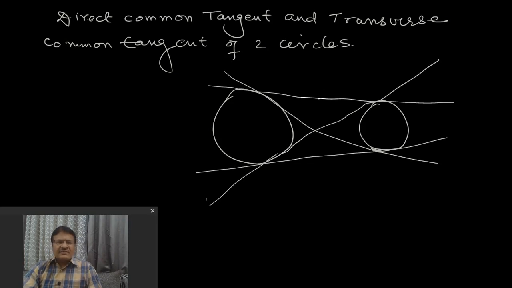So suppose this is tangent number 1, this is my another tangent number 2, and this one is tangent number 3, and this one is tangent number 4. Is that clear? So I can say T1 and T2 are direct common tangents.